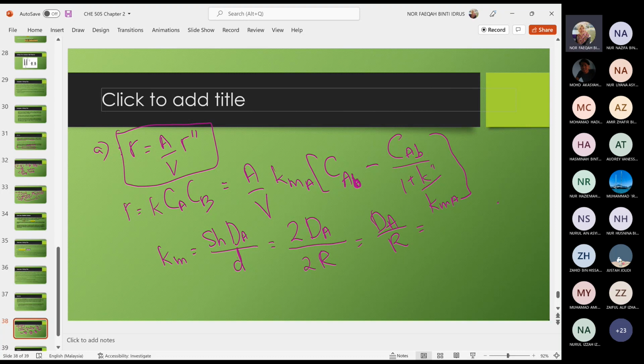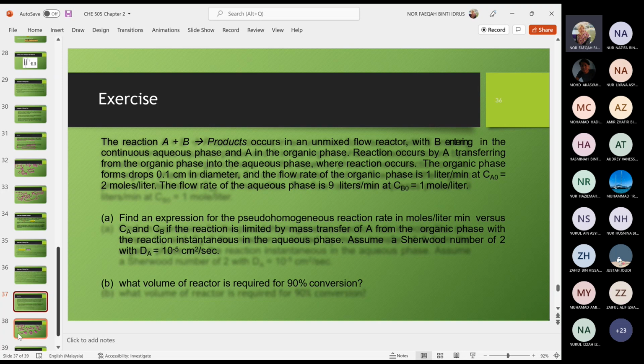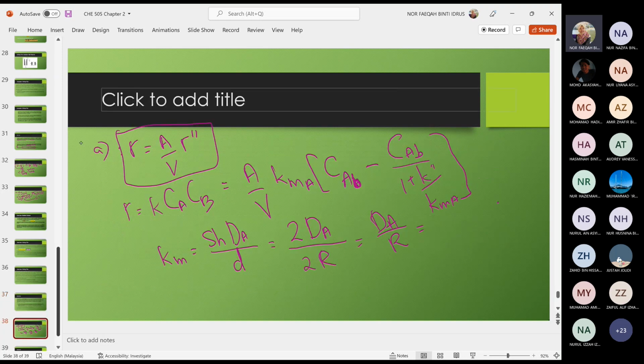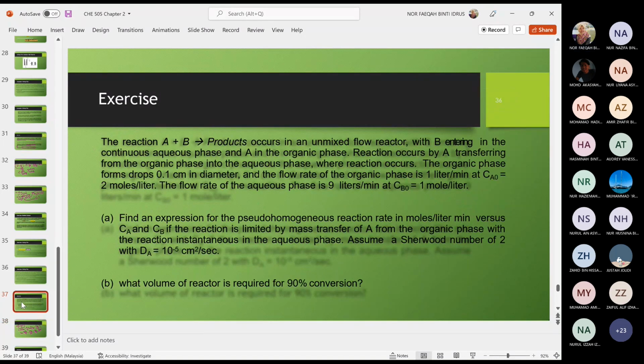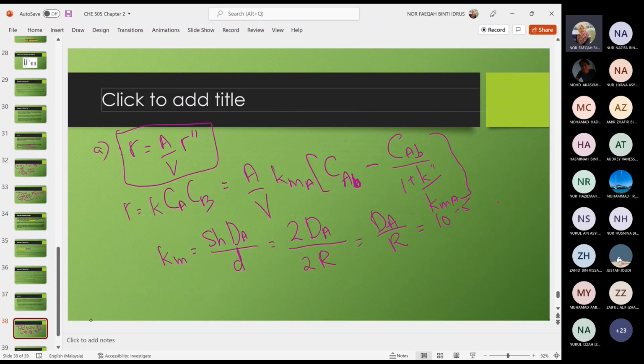Then dA given as apa tadi? 10 negative 5 centimeter square per second. Divide with, ganti masuk the diameter.